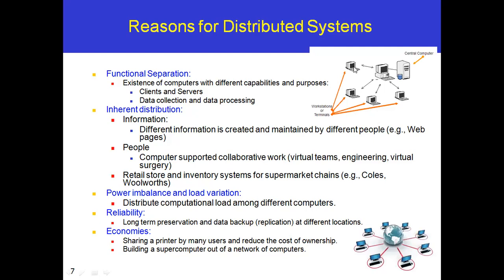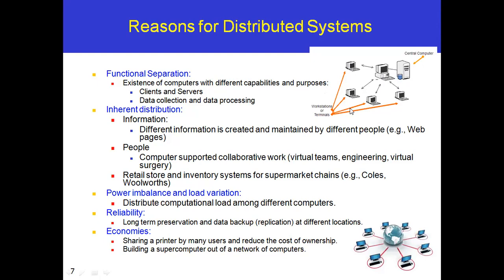Here we have some stations, and this is where my cursor is pointed: the central computer, and the rest, four, are workstations or terminals. Functional separation is the existence of computers with different capabilities and purposes.